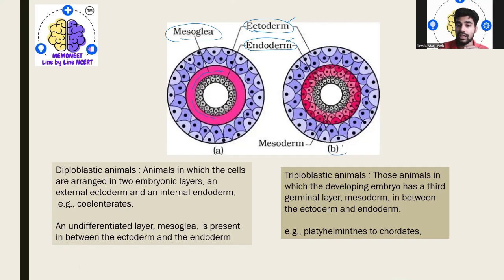Now the other kind is triploblastic animals. In triploblastic animals, the developing embryo has three germ layers.